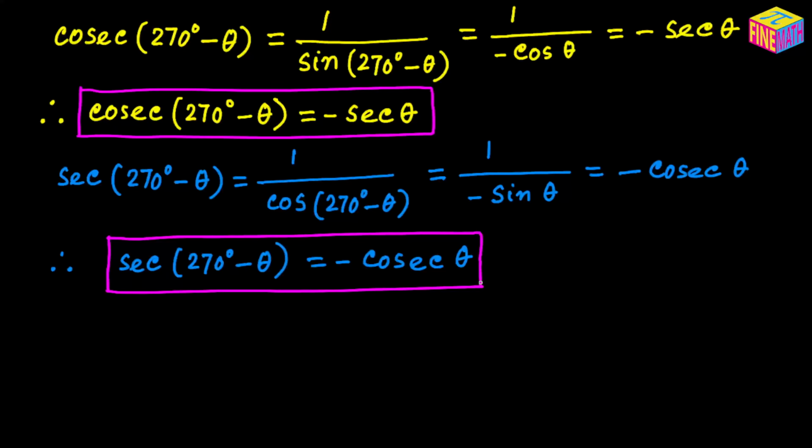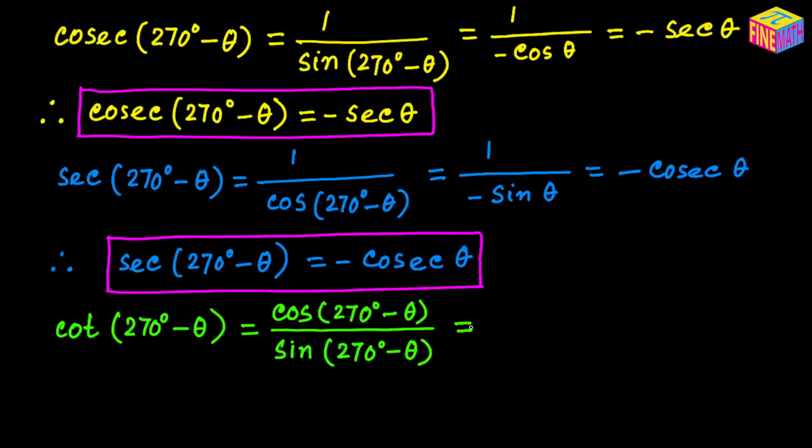So now we are left with the last one, which is the cotangent of 270 degree minus theta. So let's quickly derive that. We know that cotangent is the ratio of cosine to sine. So we can write this as cosine of 270 degree minus theta divided by sine of 270 degree minus theta. And then what was the value of cosine of 270 degree minus theta?